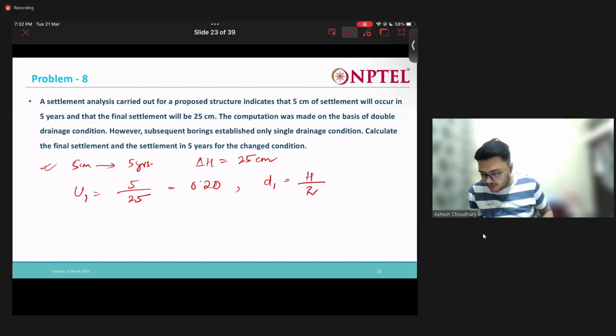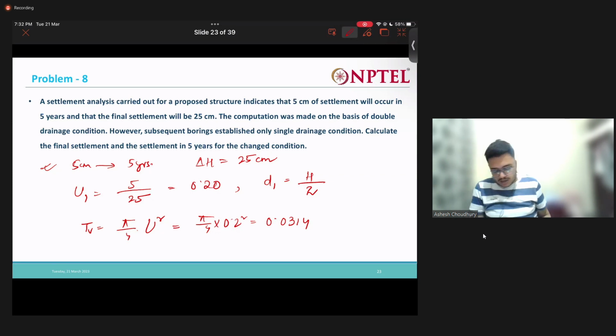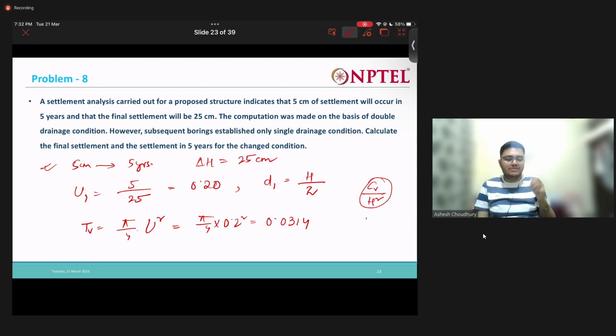Now we have TV is equal to pi by 4 into U square. So pi by 4 into 0.2 square will be 0.0314. Now we can establish a relation to find out CV by H square from the relation between time and time factor.